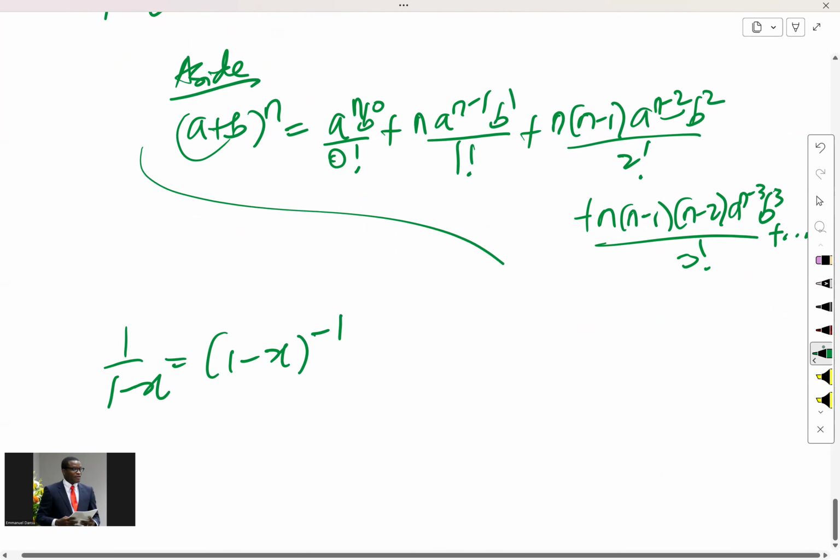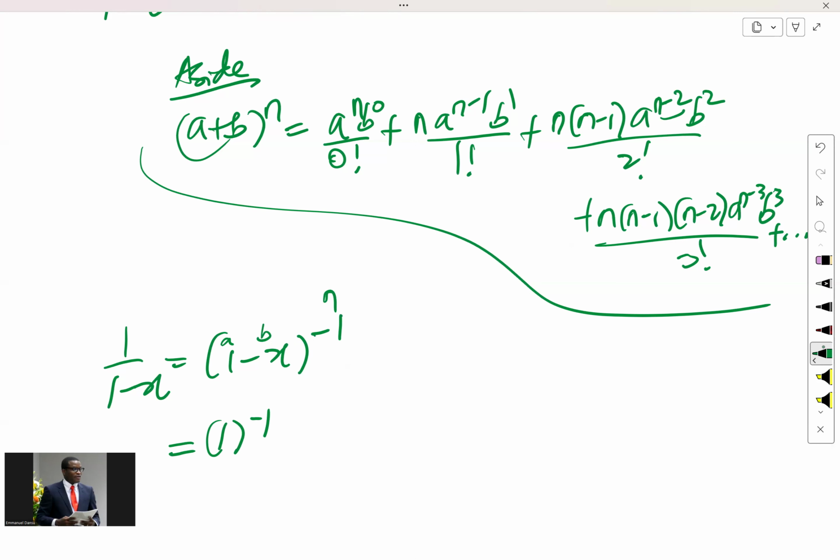So following this pattern I just generated now, our a is 1, our b is minus x, okay? So we have a, which is 1 raised to power minus 1, that's our n in this case. So n is minus 1 here. So we have a raised to power minus 1, that's 1 raised to power minus 1.